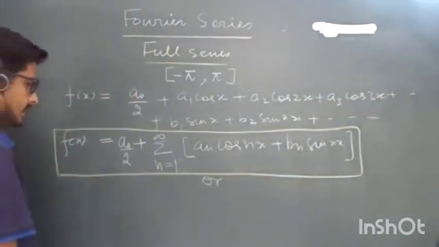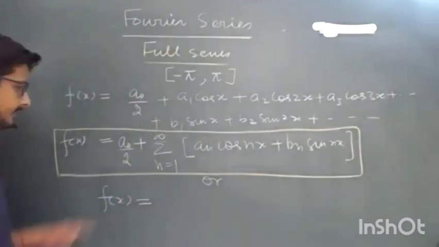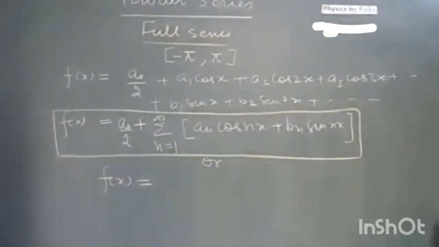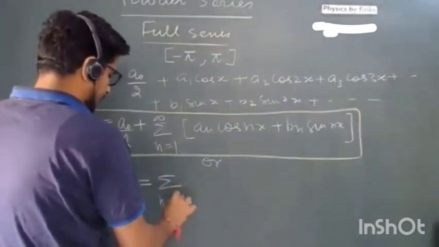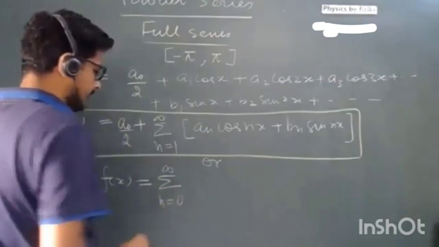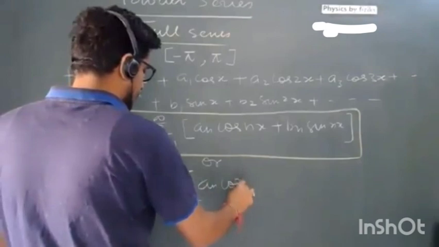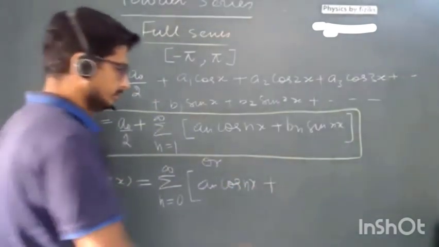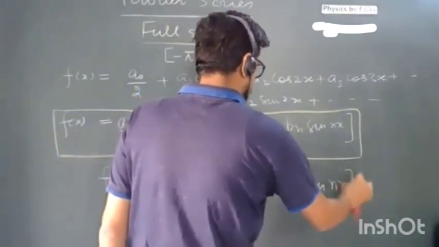Sometimes people write it like this, that f(x) is equal to, they don't take this by 2, they write summation n is equal to 0 to infinity a_n cos nx plus b_n sin nx.